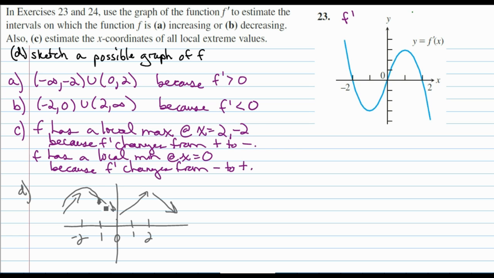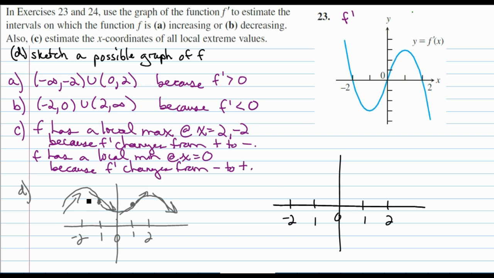So I put 1 on my x-axis and show concave up. There's going to be an inflection point at 1 in f. And that's where f prime then changes to decreasing, so f is going to change back to concave down. So now my final graph.